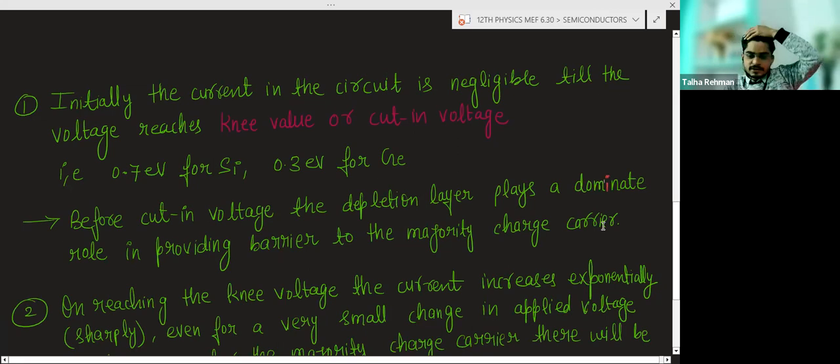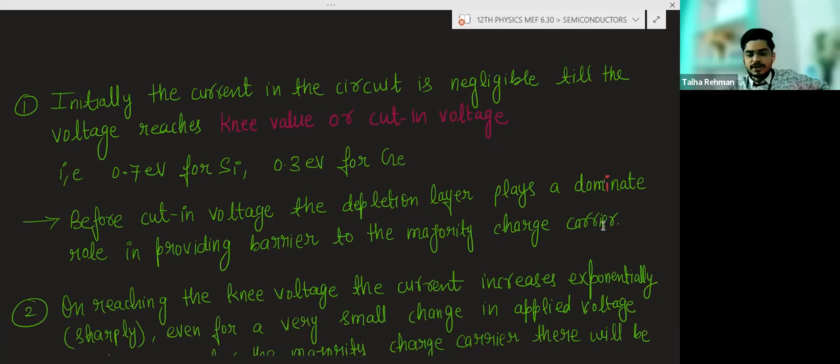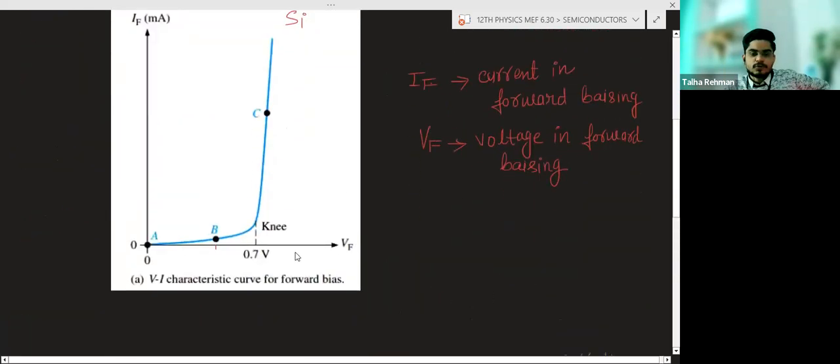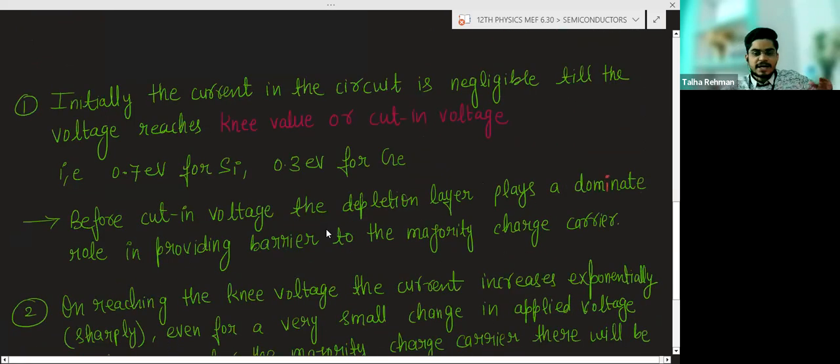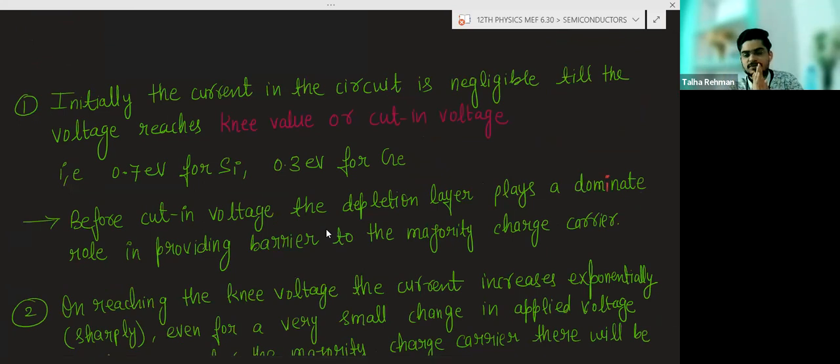Basically, they are saying that when the voltage is less than the knee voltage, current is very, very less. In the graph you can see, before the knee voltage, the current value is less. This is why, because at that time there is a large depletion layer thickness.